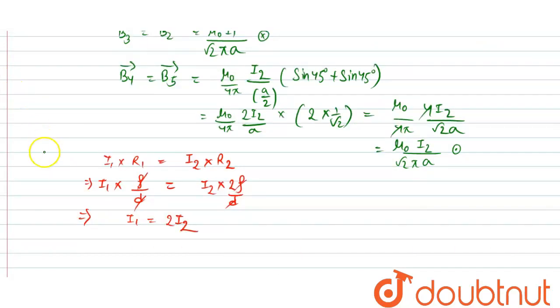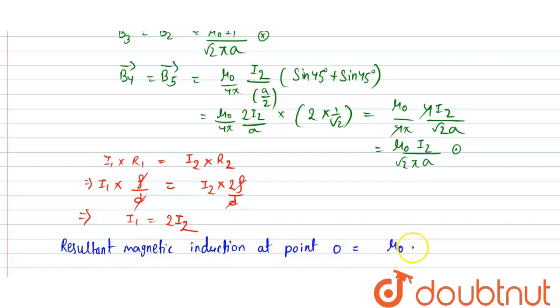Now the resultant magnetic induction at point O will be mu naught I1 by root 2 pi A minus mu naught I2 by root 2 pi A, because these two magnetic fields are in opposite directions.